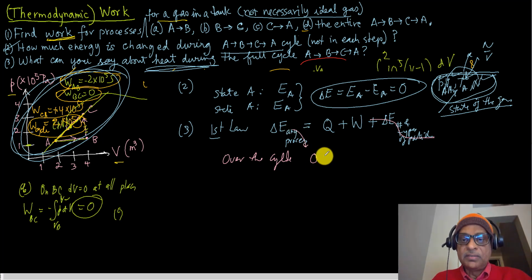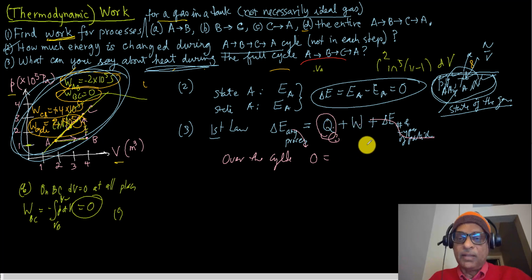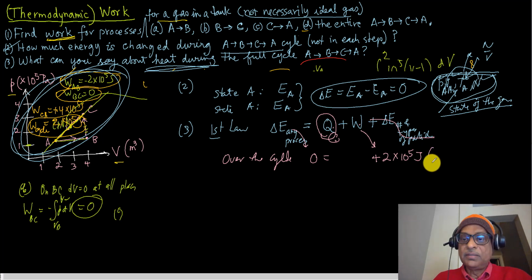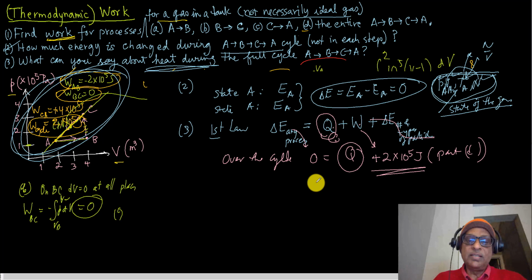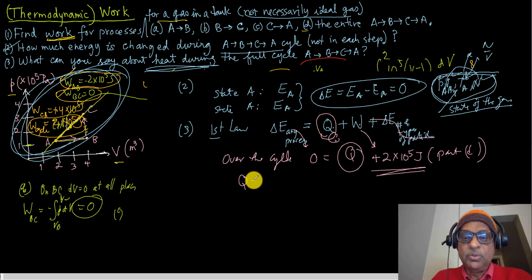So over the cycle, the energy change is 0, so what can I say about this? The heat must equal the negative of the work, which is plus 2 times 10 to the power 5 joules. We just found that out in part D. So Q has to be the negative of that, which means energy must have flown out as heat. So Q is minus 2 times 10 to the power 5 joules.